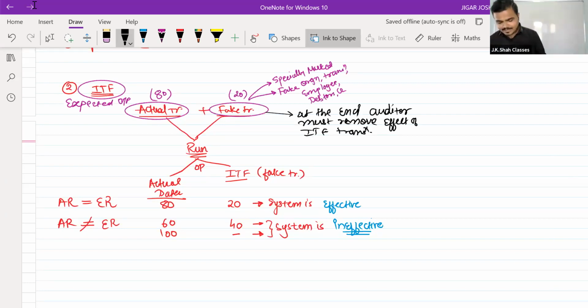Why? Sir, these fake transactions you had added into the actual system, so it is very significant, sir. It is very important that at the end, at the last, you must remove all the effect of these transactions. Otherwise, it could be a disaster. Understood?